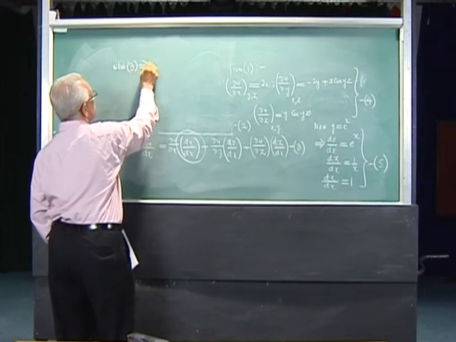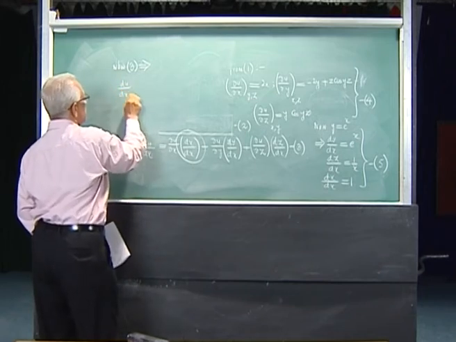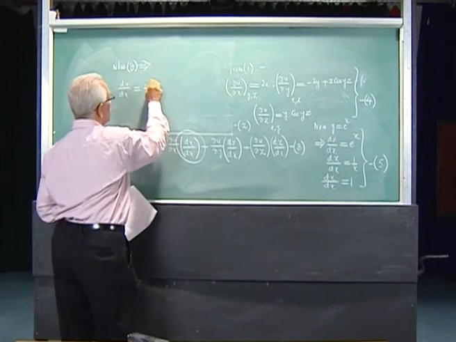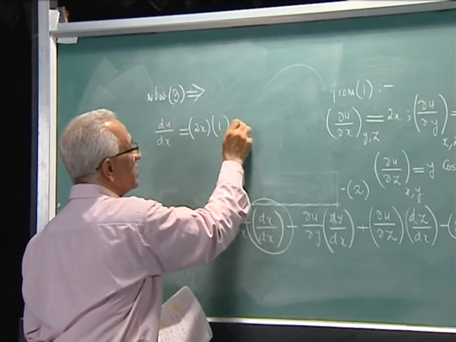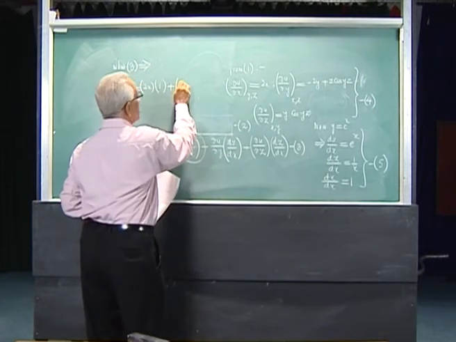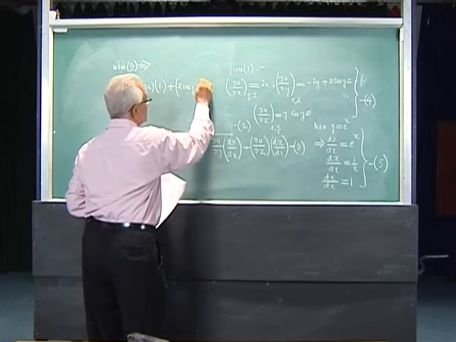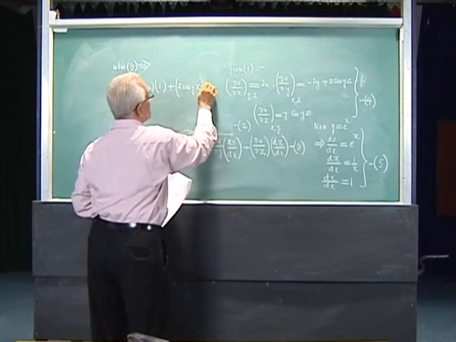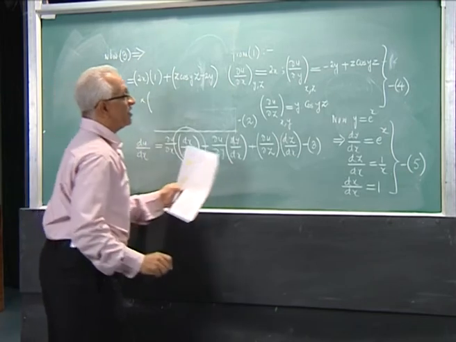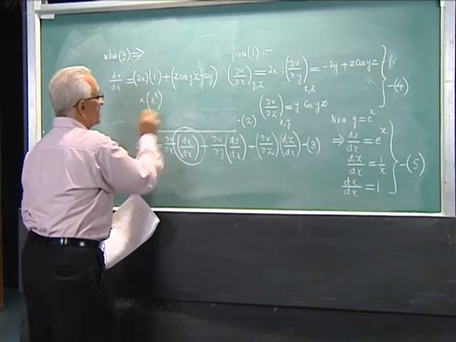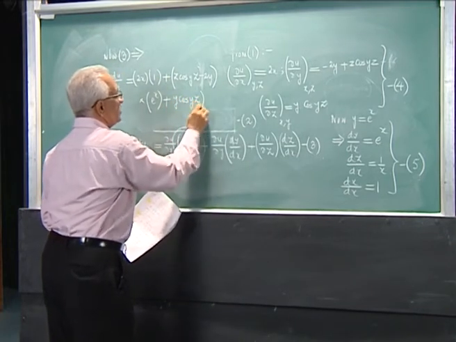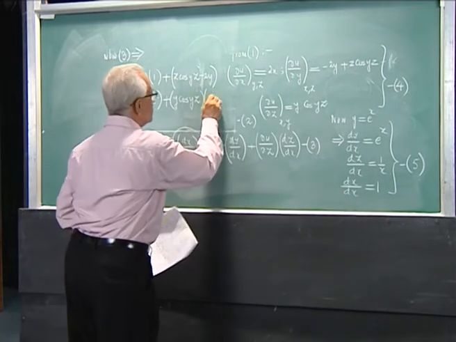Equation 3 implies du dx is equal to partial du dx, which is 2x, times dx dx, which is 1, plus partial du dy, which is z cos of yz minus 2y, times dy dx, which is e to the power x, plus partial du dz, that is y cos of yz, multiplied by dz dx, the last result, 1 upon x.